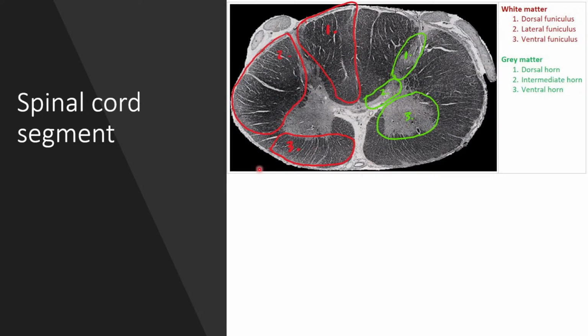When we talk about the white matter, we describe them in terms of funiculi. A funiculus is just a bundle of axons, just a fancy way of saying that. Then we have the gray matter, which is the dorsal horn, the one in the back, the intermediate horn, which is most commonly seen in thoracic spinal cord segments, and then the ventral horn.